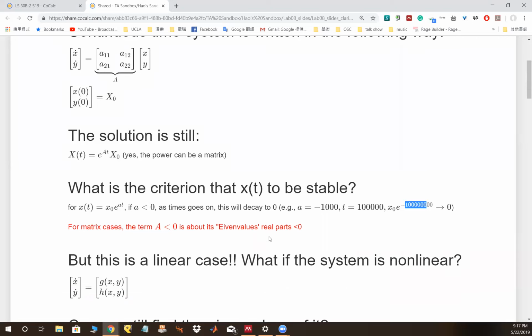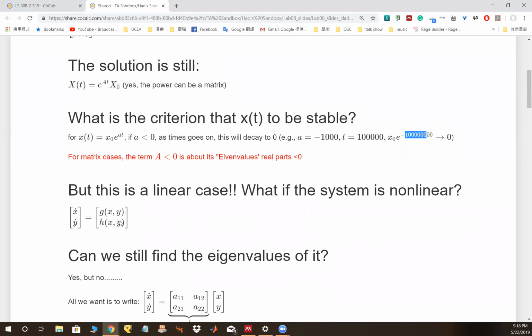However, this type of system, we call it a linear system: x dot equal to the current x and y multiplied by some constant. It's not a common or general case. Most of the equations we have seen here, like x dot, x prime, equal to, say, the logarithm of x, or x multiplied by y, are nonlinear.